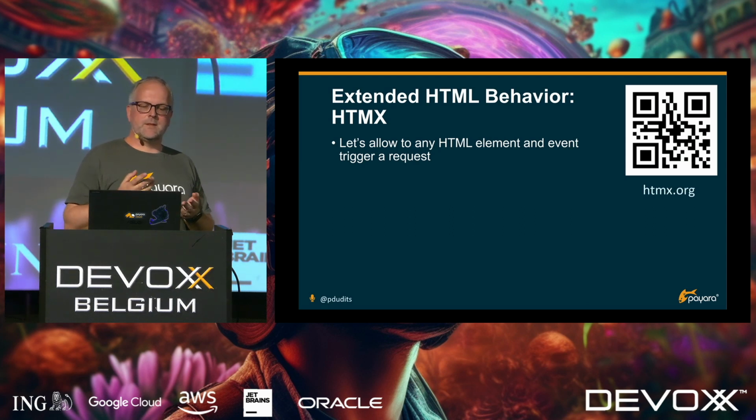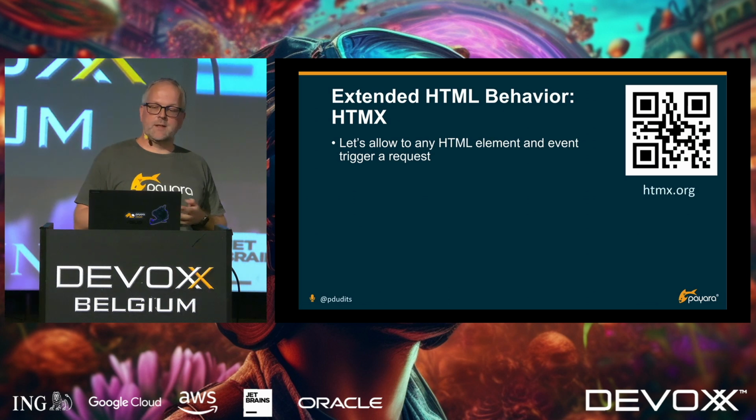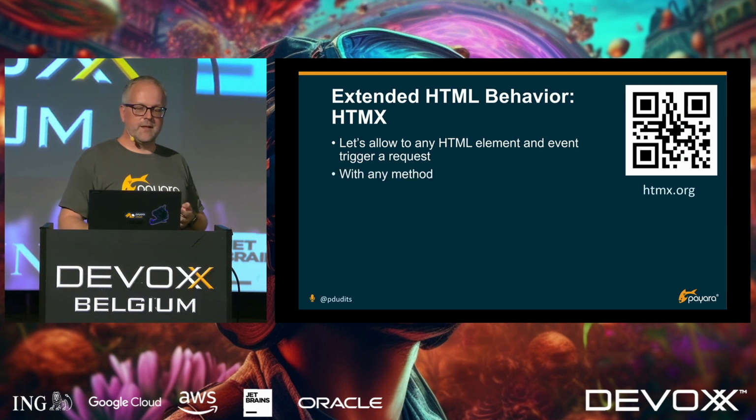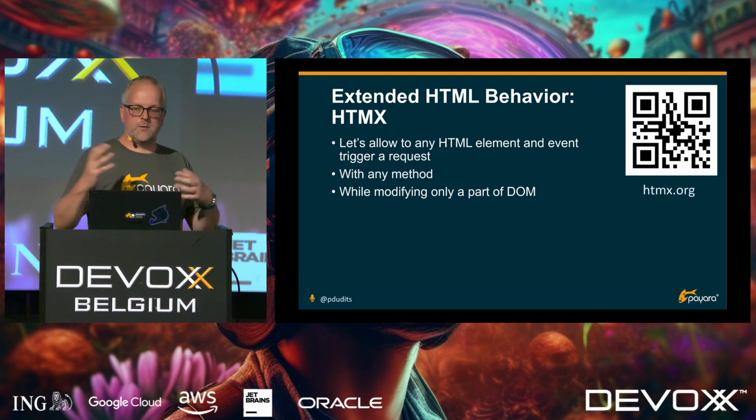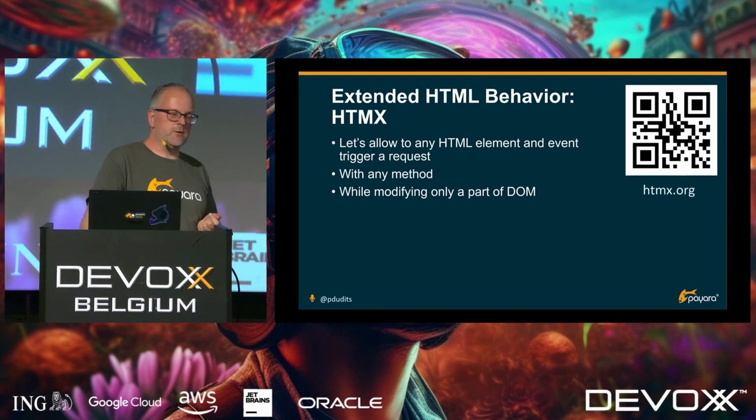And the premise is, yeah, why can just a link and a form element trigger a request? Let's allow any element to do that. It doesn't need to be a click, it can be anything else. We shouldn't be constrained to GET and POST, and yeah, modify only parts of the DOM, and fit well into the remaining HTML language and document object model.